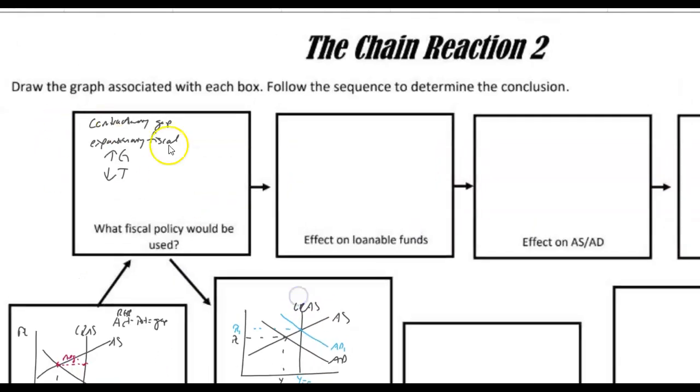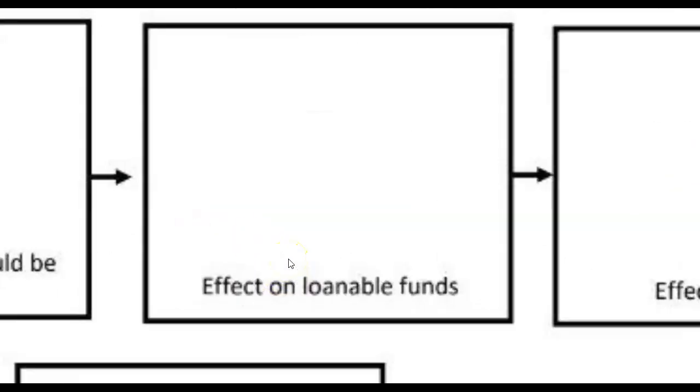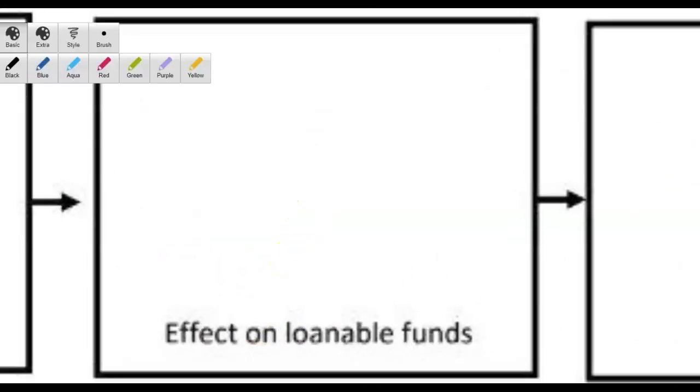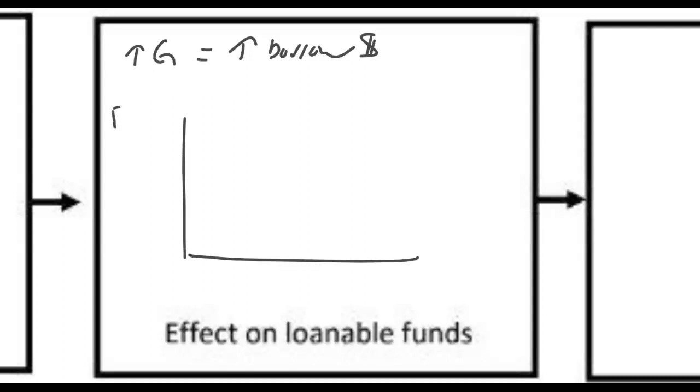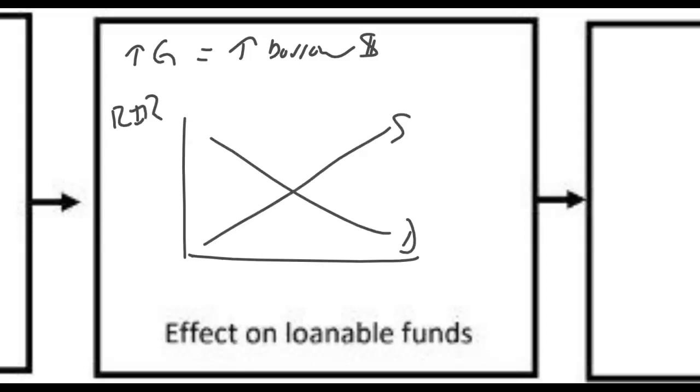Now, how would this expansionary fiscal policy affect the loanable funds? Again, we talked about this. When the government spends money, they have to borrow money. So an increase in government spending means an increase in borrowed money. We have the loanable funds graph, with real interest rates, which is what we use for College Board, and demand and supply. As we talked about last time, the government can borrow money and demand money, but they can't print it.